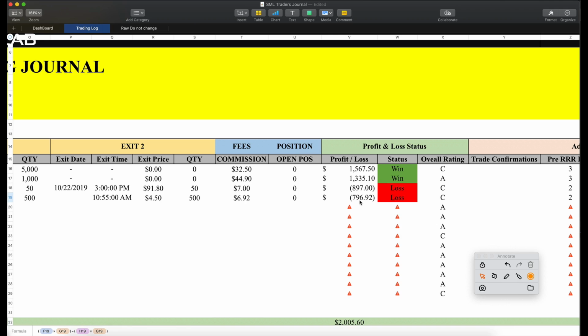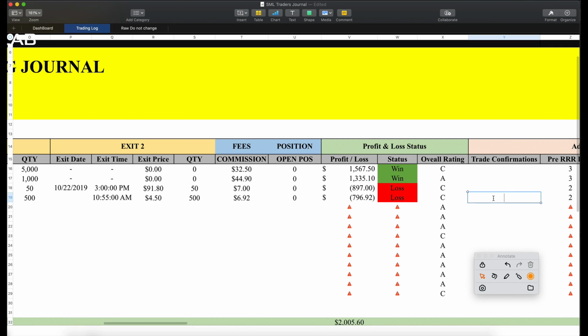Not a good trade. That's never a good thing when you lose more money than anticipated, because that showcases you didn't follow your plan. Now, there may be times where you have a solid reason behind that, but if you don't and it was solely just emotions, then that's not a good trade.